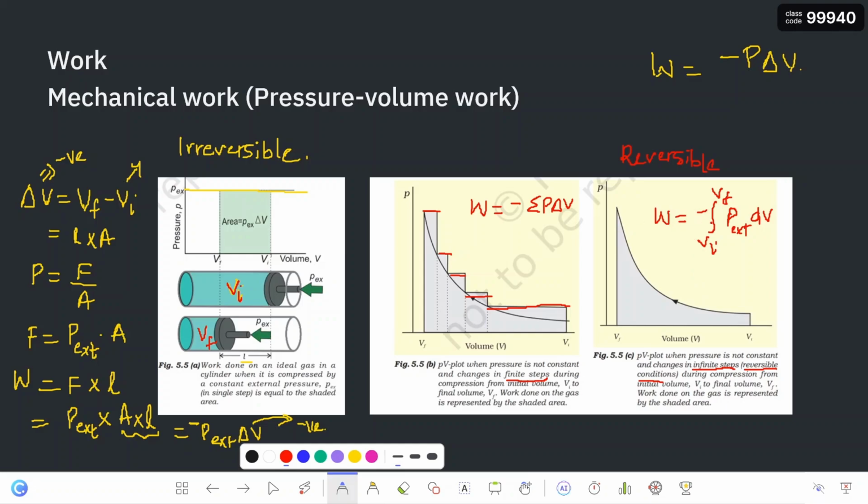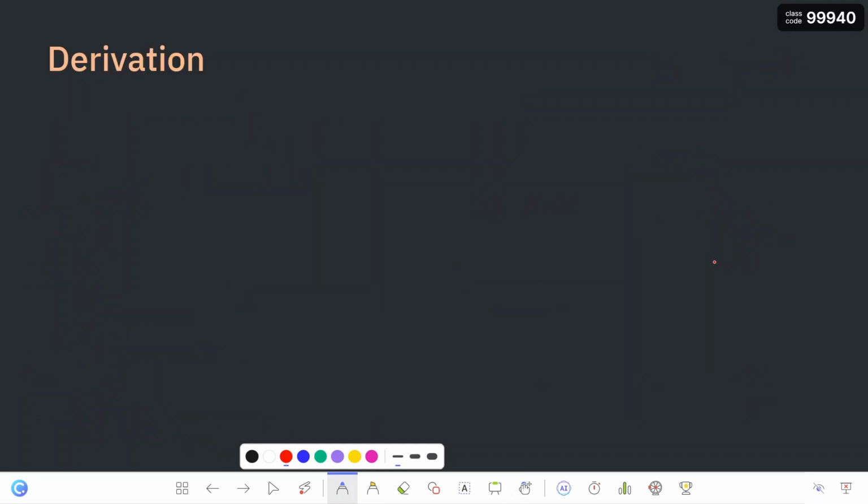So minus P external dV, then we are integrating it from Vi to Vf. This is for reversible condition. So this is for reversible, this is for irreversible, this is for pressure change at finite steps. For the reversible condition, we should have a little more detailed derivation that we will discuss.